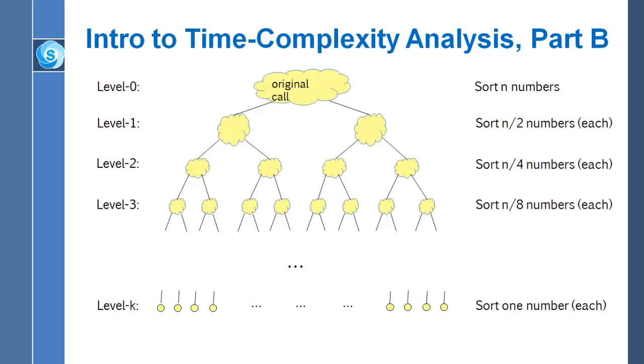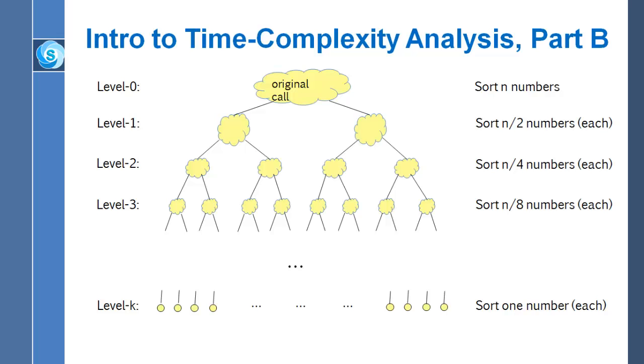So once again, at level 0, we have the original call. At level 1, we have the 2 recursive calls, each of which is responsible for sorting half of the numbers in the array. Okay, n over 2 numbers. N over 2 is the same thing as 2 to the k minus 1.